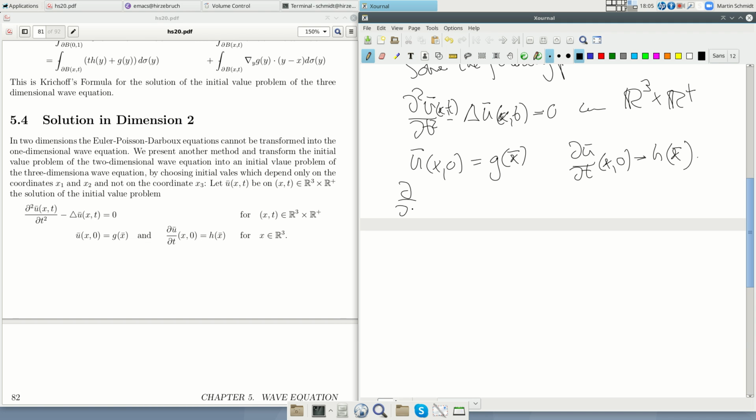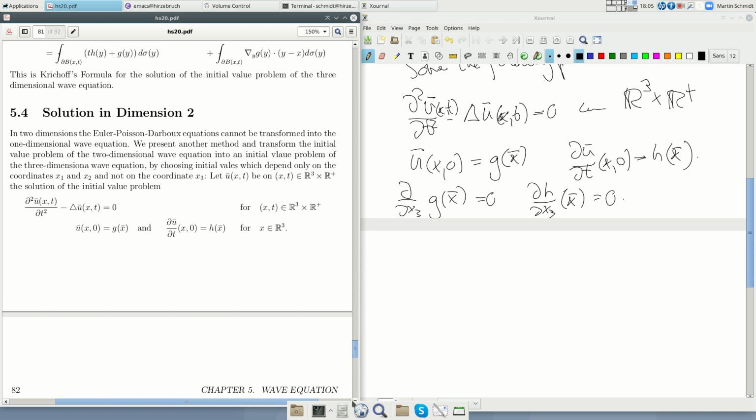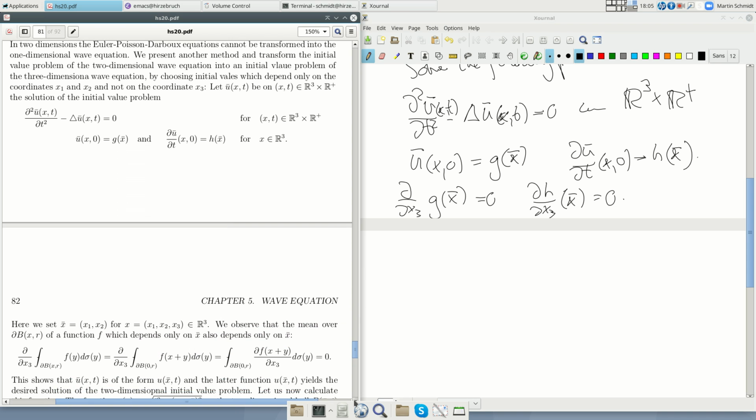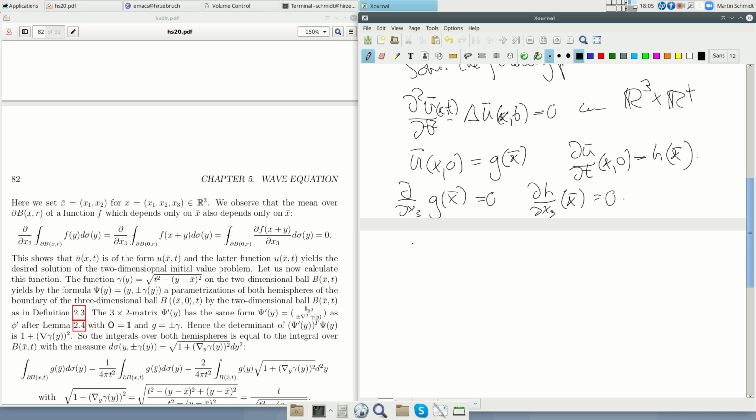So this clearly means that d by dx3 of g of x bar is 0. They do not depend on the third component, and the same holds for h. Now let's make a general discussion.